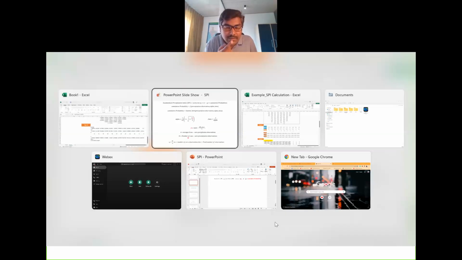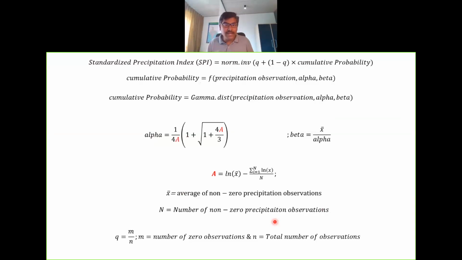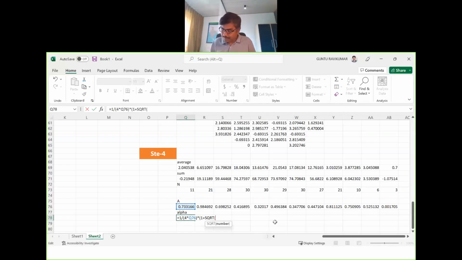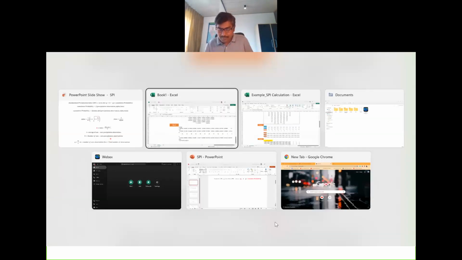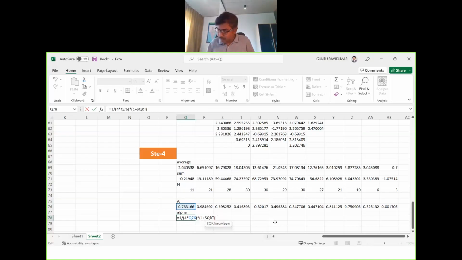So 1 plus the square root of 1 plus 4A by 3. So 4 multiplied by A by 3.